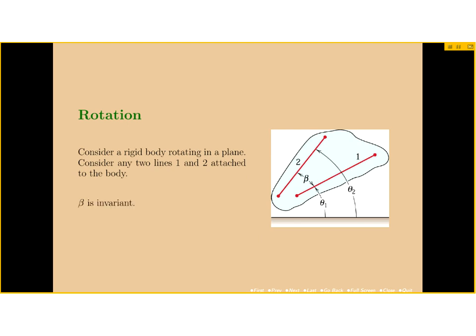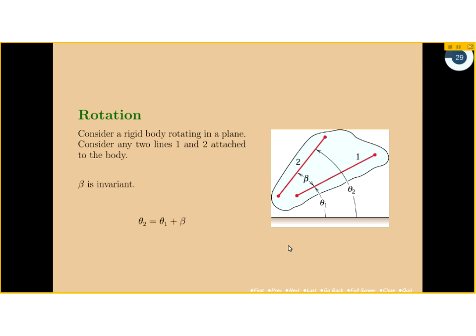Of course, since this is a rigid body, the angle beta is invariant in time. It cannot change. If it could change, it would not have been a rigid body. The angle beta is invariant due to the fact that these lines are part of this rigid body. We can now say that just from pure geometry, theta 2 is equal to theta 1 plus beta.